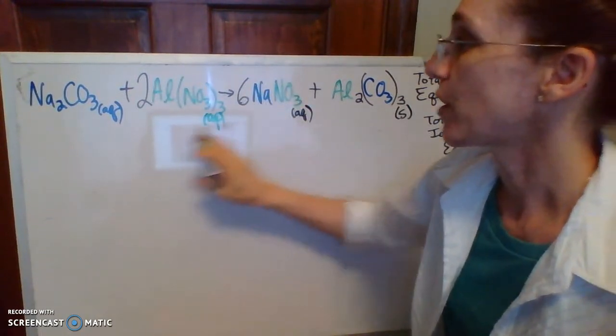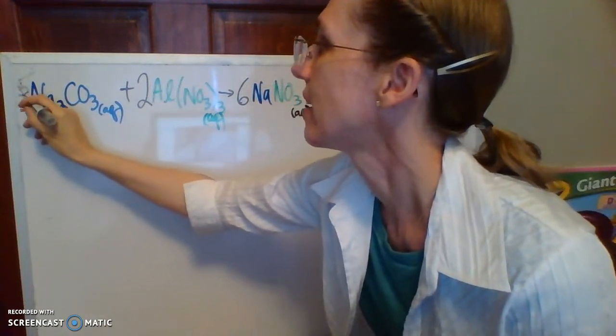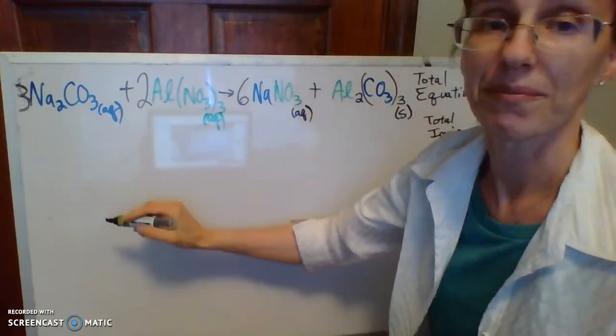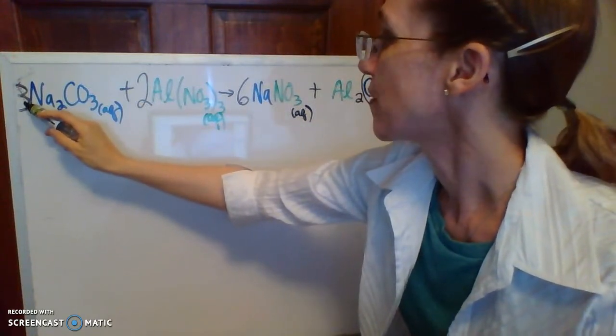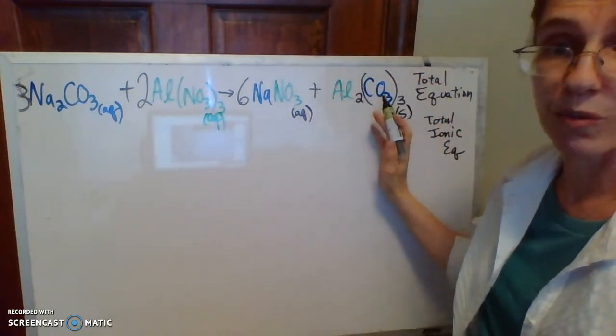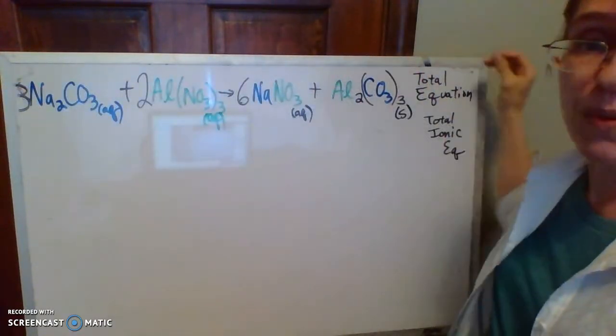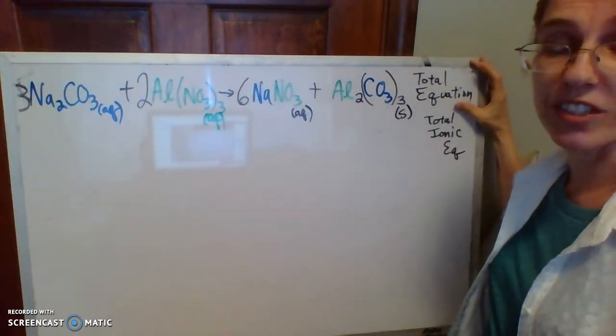Sodium, we have 6 sodiums. It means we need 6 over there. That means we're going to need a 3 in front of this guy. And the only thing we haven't balanced yet are the carbonates, 3 carbonates, and we have 3 carbonates over here, so it works out.